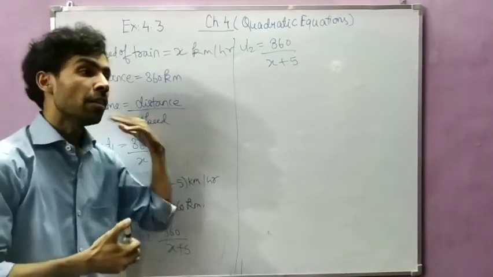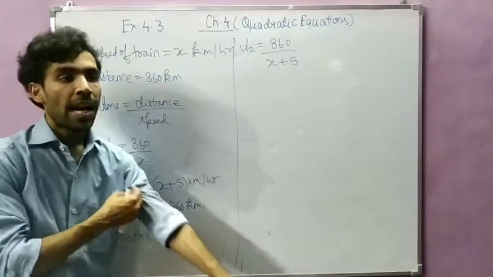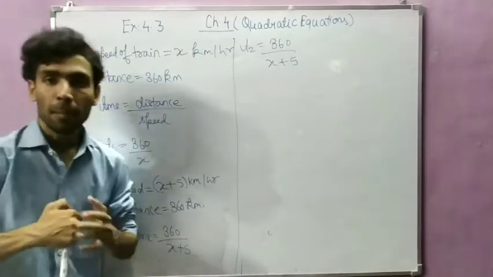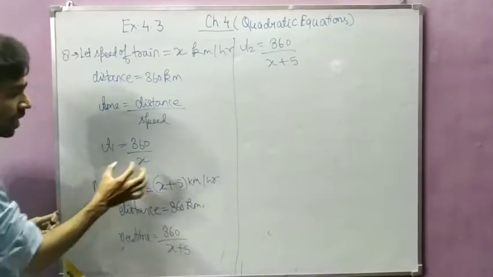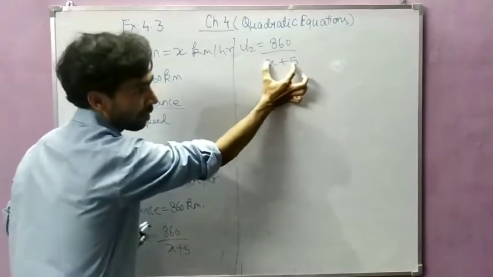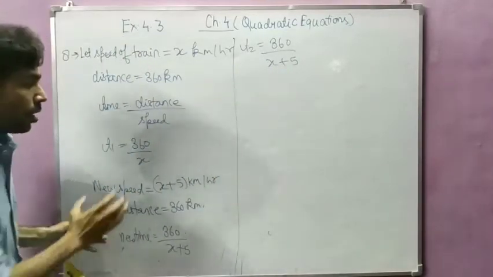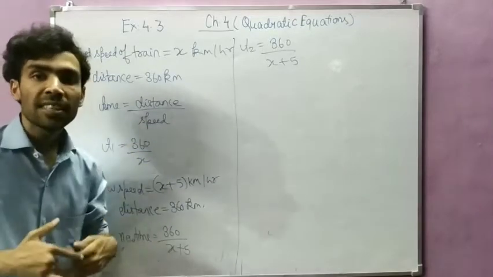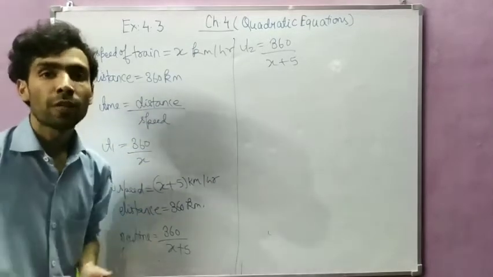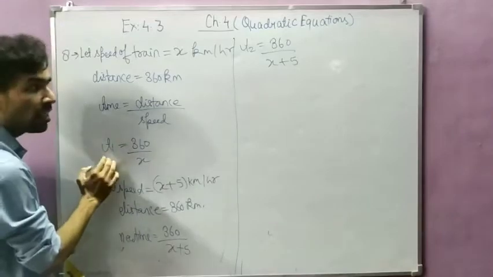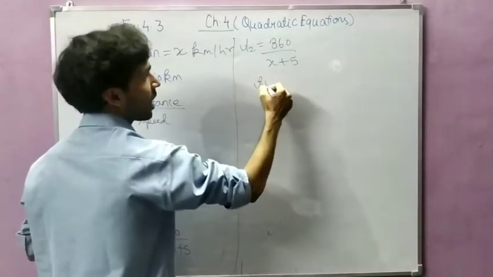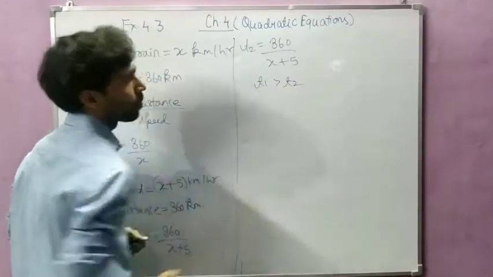Whenever numerator part is same and you have to identify which fraction is more, you can see here is x and here is x plus 5, and both are in the denominator. It means that the fraction which has less denominator has more value. It means that T1 time will be more than T2 time.